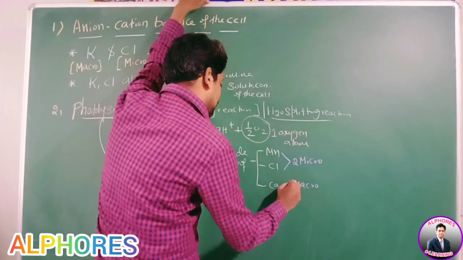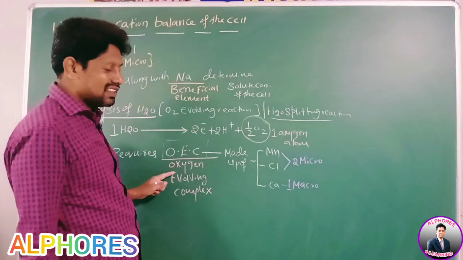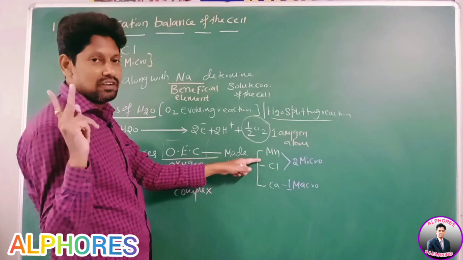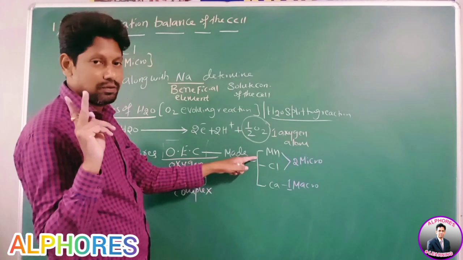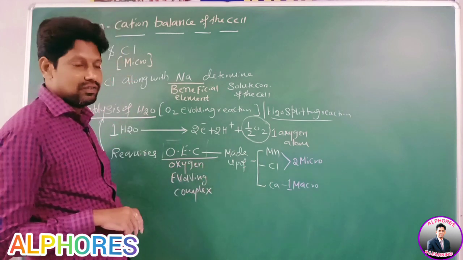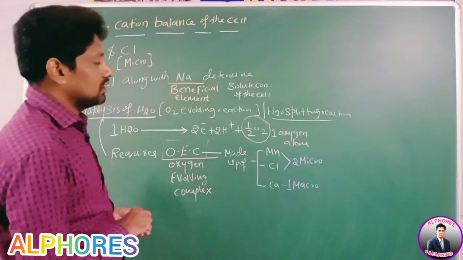Therefore, the oxygen evolving complex is made up of 2 types of micro elements and 1 type of macro element.